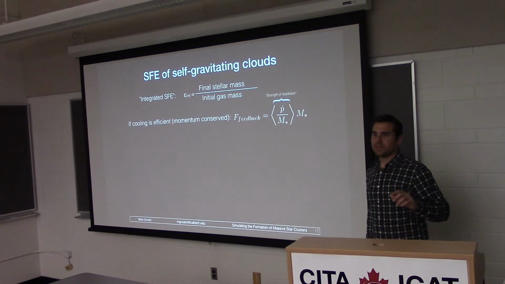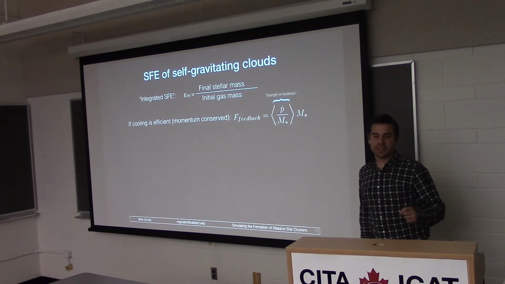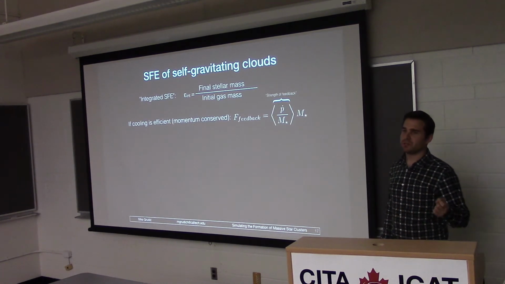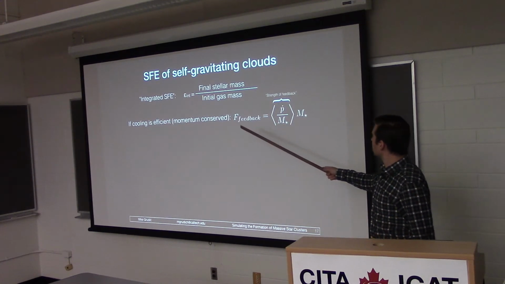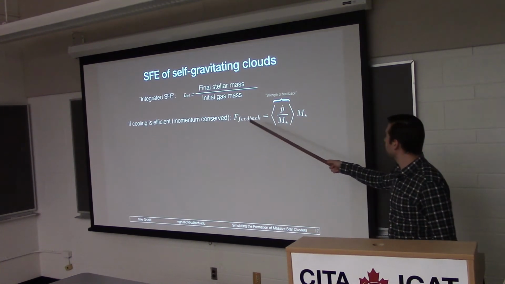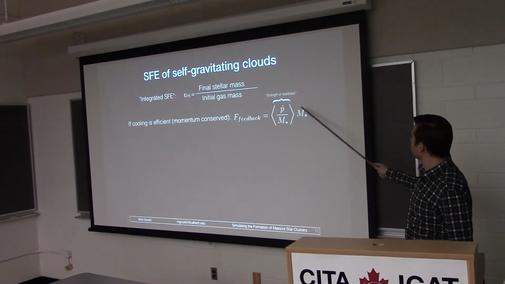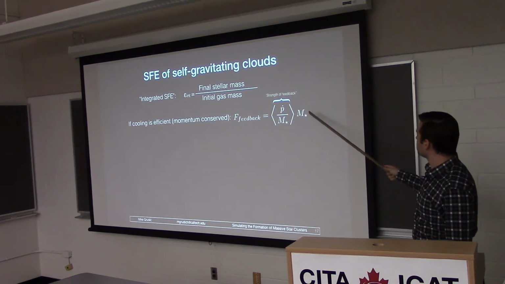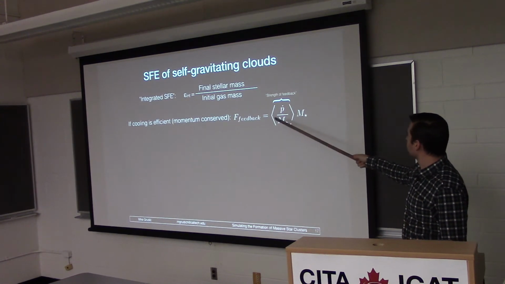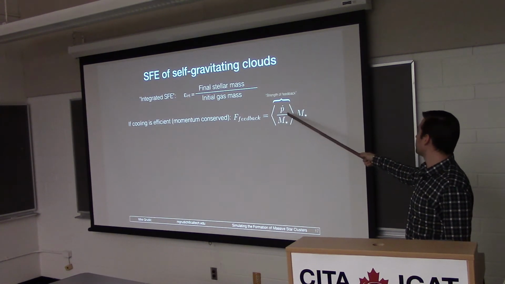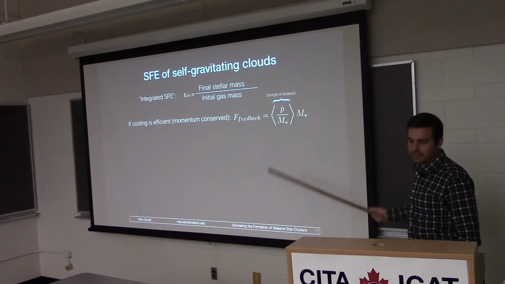We expect that if cooling is efficient, then we'll have predominantly momentum-conserving feedback. What you can effectively do is come up with an effective force of feedback, which is just proportional to the mass in live stars that you currently have. And you have this one parameter, determined by the IMF and stellar physics, that parameterizes the strength of stellar feedback.